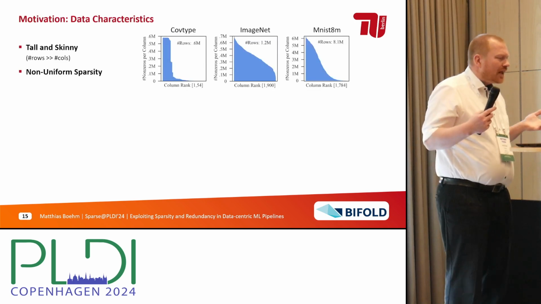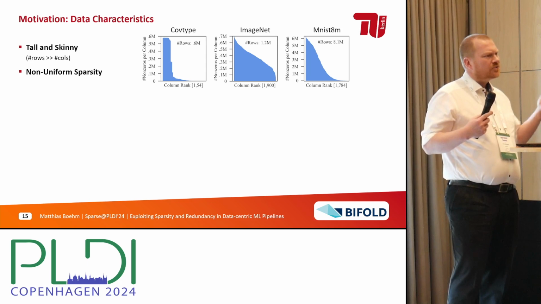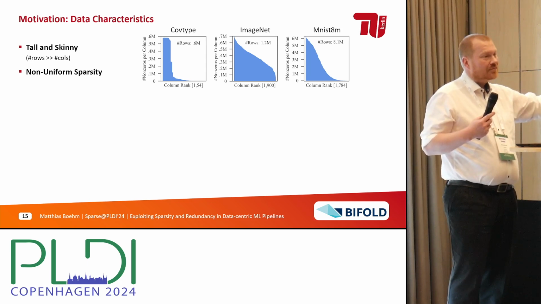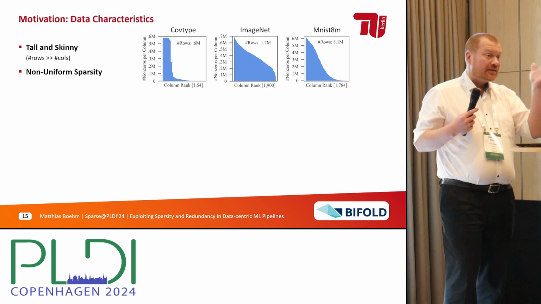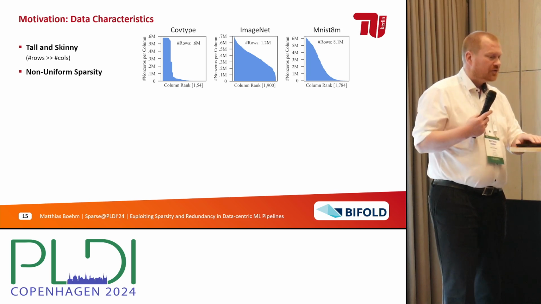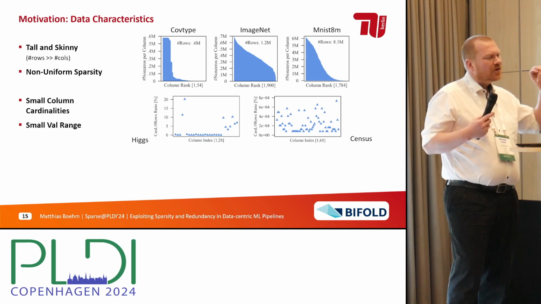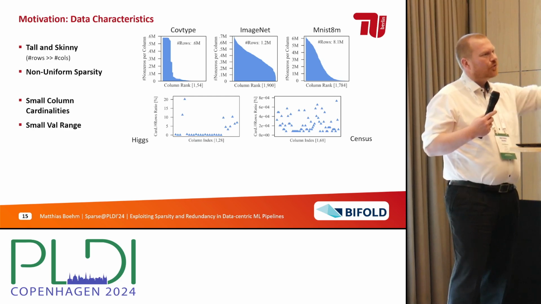So let's look at a couple of data characteristics. Classical data sets like Covtype, so forest cover, often have way more rows than columns. In those tabular data sets, you have varying sparsity per column, per feature. Furthermore, you often have very small column cardinalities, so a number of distinct items compared to the overall number of rows.